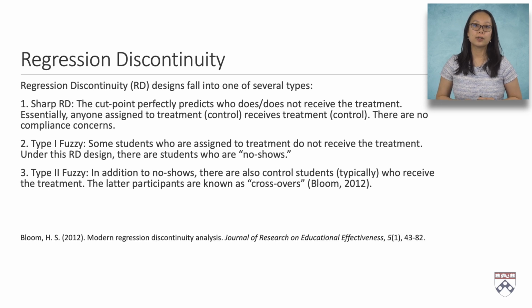Both of these types of fuzzy designs present challenges for estimation because, again, they represent deviations in compliant behavior. And more importantly, if we do not understand the reasons for these deviations, any estimates that we get from running a regression discontinuity analysis may not be fully internally valid, because of the potential differences between students who are compliers and those who choose not to comply.